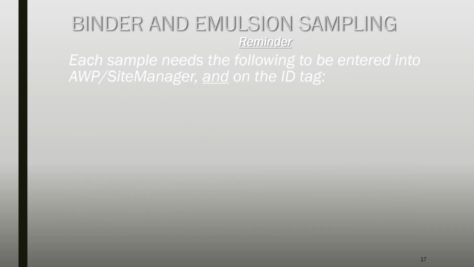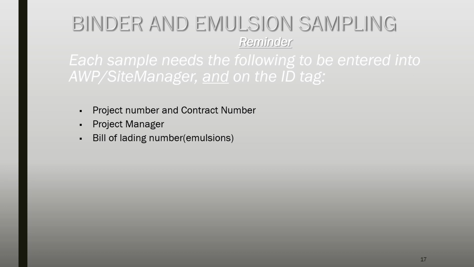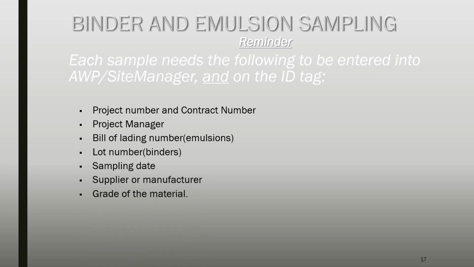Here is a reminder. Each sample needs the following to be entered into AWP or Site Manager and on the ID tag: project number and contract number, project manager, bill of lading number for emulsions, lot number for binders, sampling date, supplier or manufacturer, grade of material, person sending the sample, and person that took the sample.